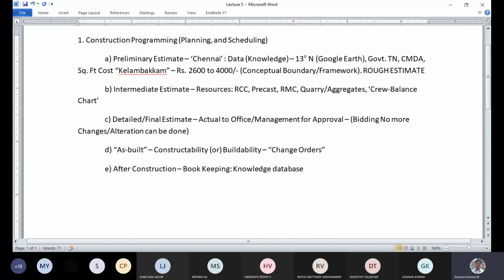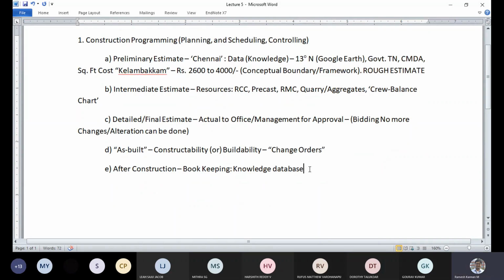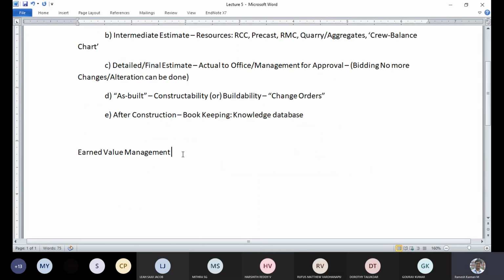So this is how construction programming generally happens, like planning and scheduling. And this can also be looked at from another perspective called controlling. We'll be looking into earned value management, and we'll take a look at that in much more detail in subsequent lectures. It's a very important thing, which tells you how your schedule varies from the actual.